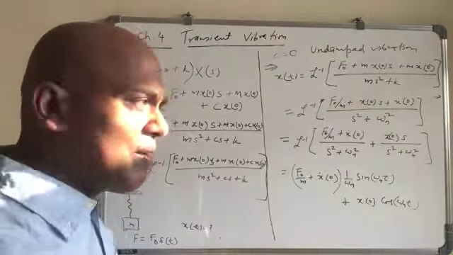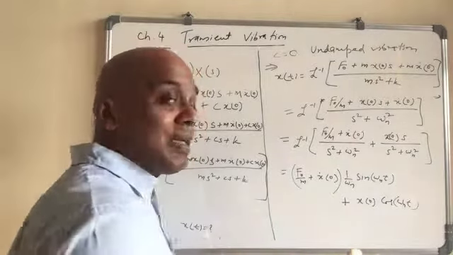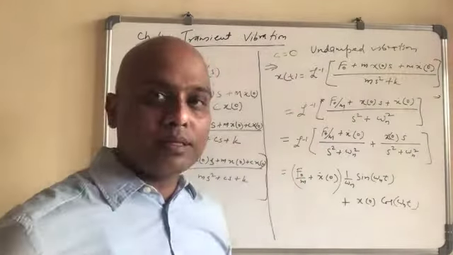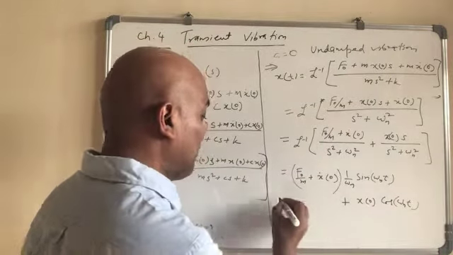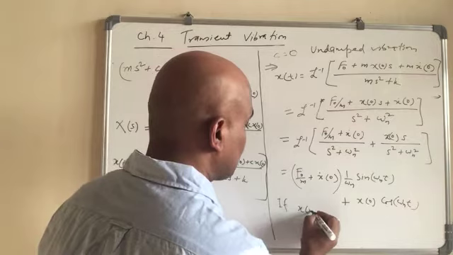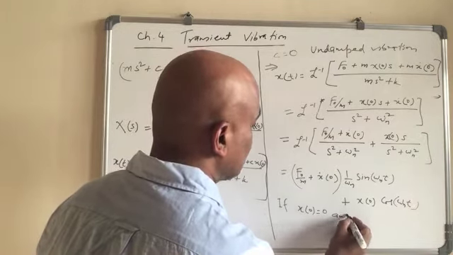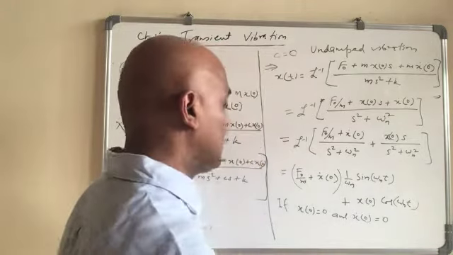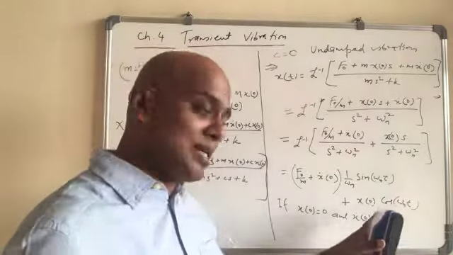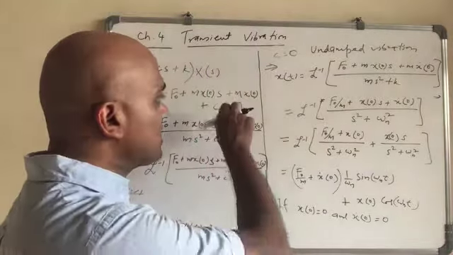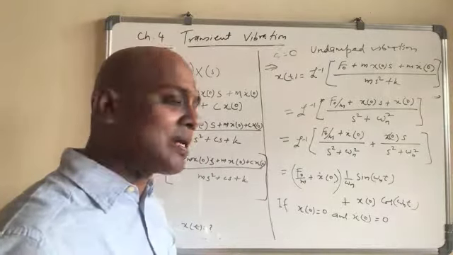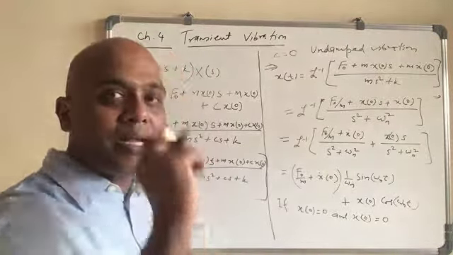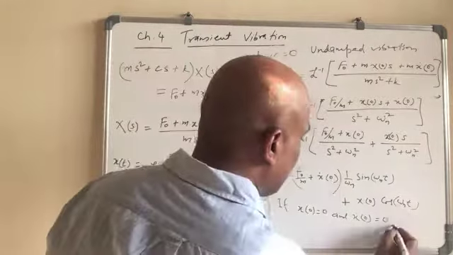If we assume it was at rest to begin with, that is, x(0) equal to 0 and x dot(0) equal to 0, so initially it was at rest before an impulse force F equal to F naught delta t was applied, then what do you get?